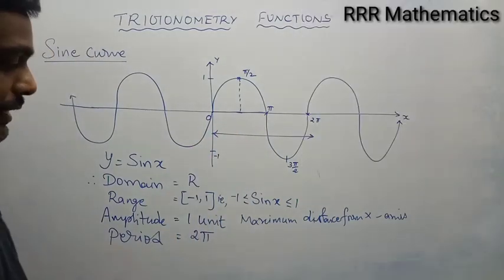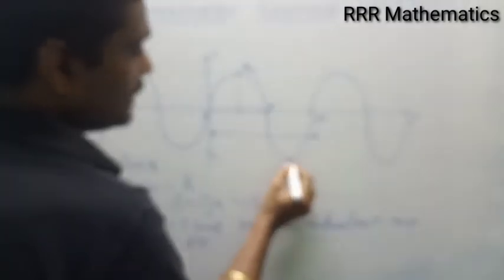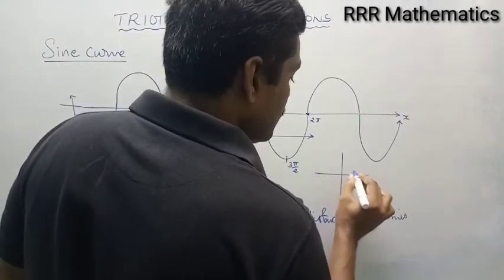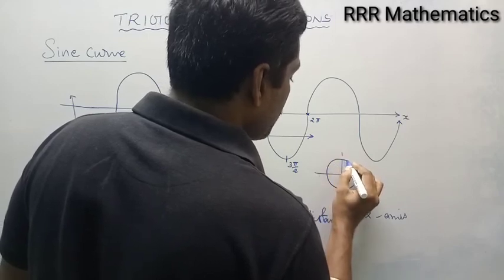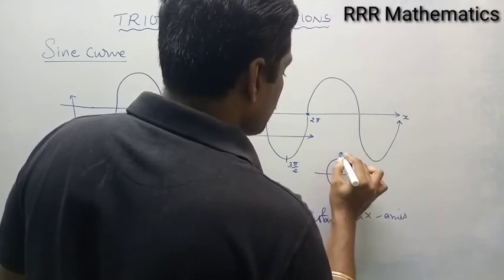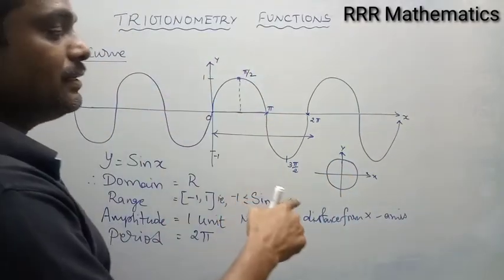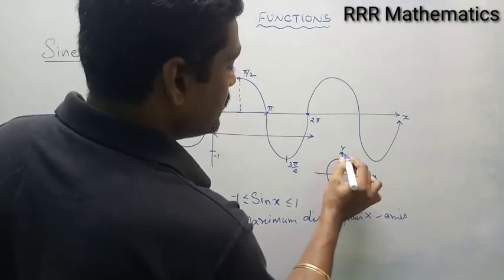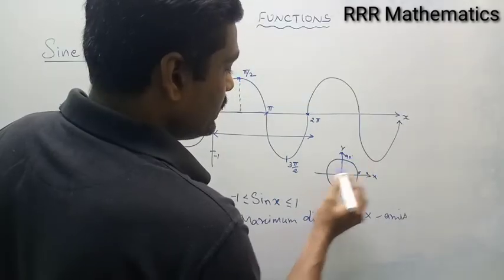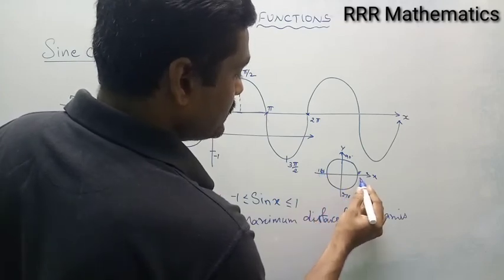Got it? Next, this is 0 to 90, and this is 180, 270, 360. When you draw the sine curve in the form of a circle, this is 0 degree, this is 90 degree, 180 degree, 270 degree, 360 degree.